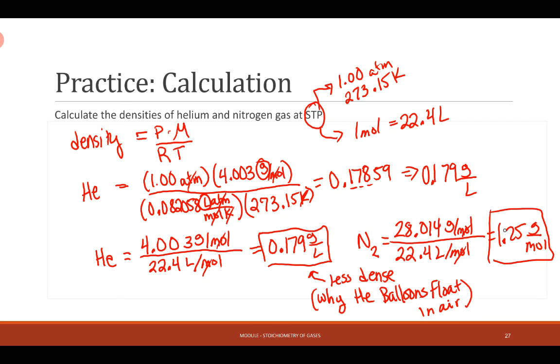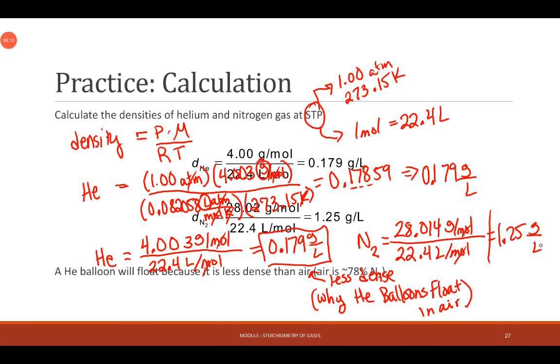Air is 78% nitrogen, and so helium will float in air, which is mostly nitrogen gas. Balloons filled with carbon dioxide gas would not float. So if you blow into a balloon with your lungs, the balloon will not float in air because that's a higher molar mass than nitrogen gas.